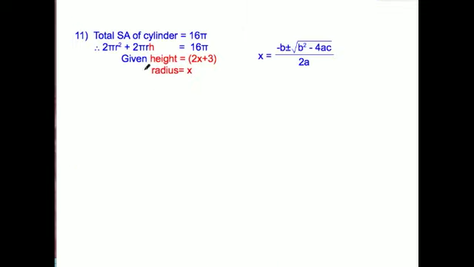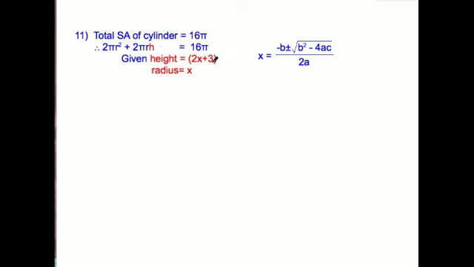In the next sum, we are given that the total surface area of a cylinder is 16 pi. When a question gives you a value in terms of pi, usually it is being cancelled away. Writing out the formula for the surface area, we have 2 pi r squared plus 2 pi r h equals 16 pi.